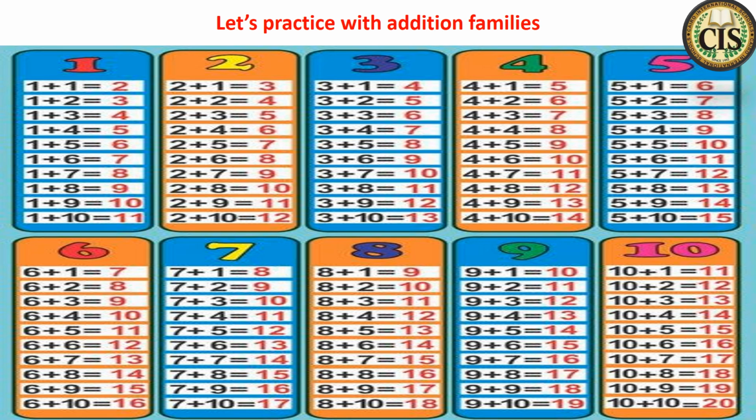After 5, 6, 7, so we will write 7. Now the next one, 5 plus 3. Put the big number 5 in my mind and 3 on my fingers and start counting. After 5, 6, 7, 8, so we will write 8, and so on.